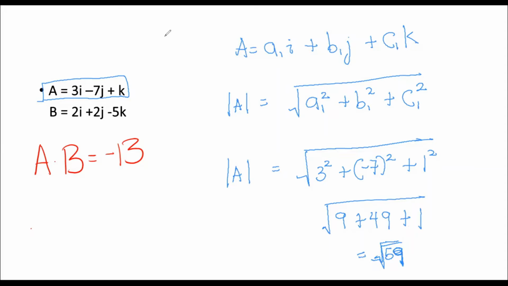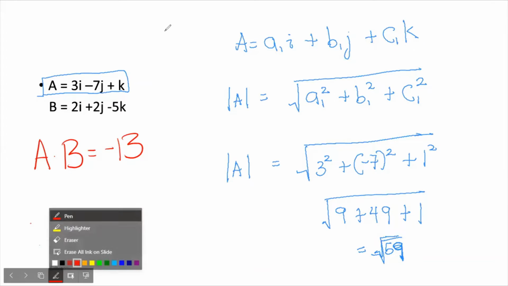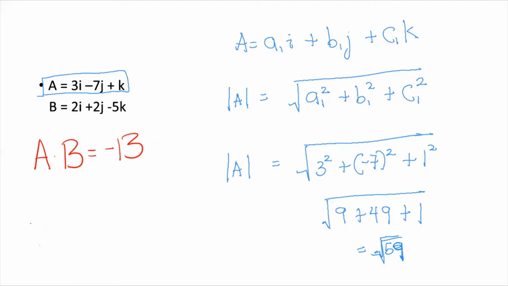Okay, so I'll just use the red pen here so that it's permanent. So we know that the magnitude of A here is root 59.